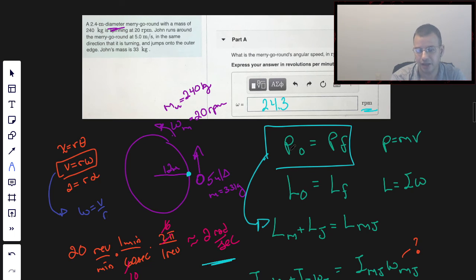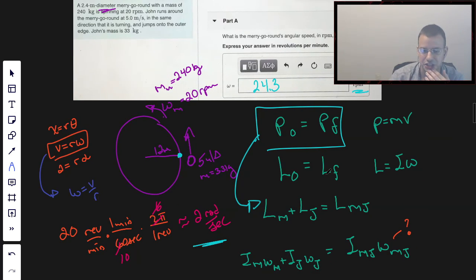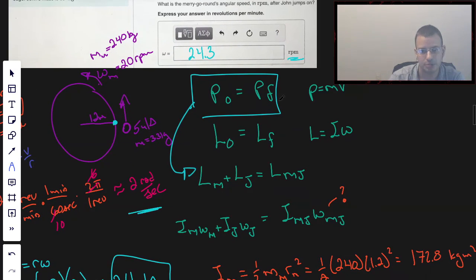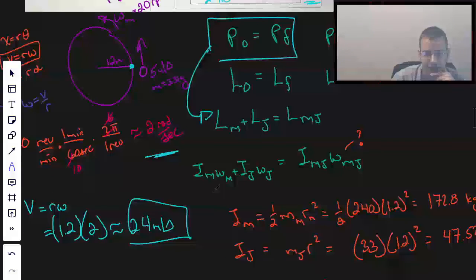Basically we say, instead of using P, we use L. Same concept applies. Initial equals final. And I broke up the initial into 2 parts, Mary and John. I then said that since momentum is mass times velocity, angular momentum is going to be moment of inertia times angular velocity. And so I expanded the angular momentum into moments of inertia and angular speeds. And I got this equation with basically 6 terms.